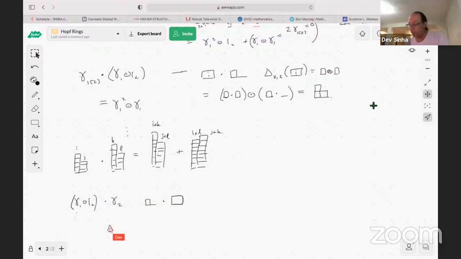The coproduct of gamma 2, which is really the first divided power of itself, is, as we said, just going to be gamma 2 tensor gamma 2 divided power 0, and that's just 1 in degree 0. That's a convention with the divided power algebras, and then plus the reverse.